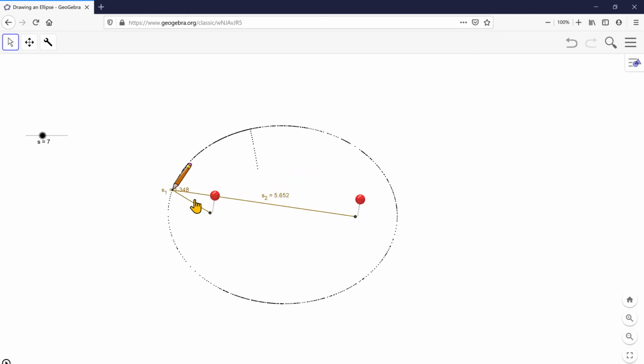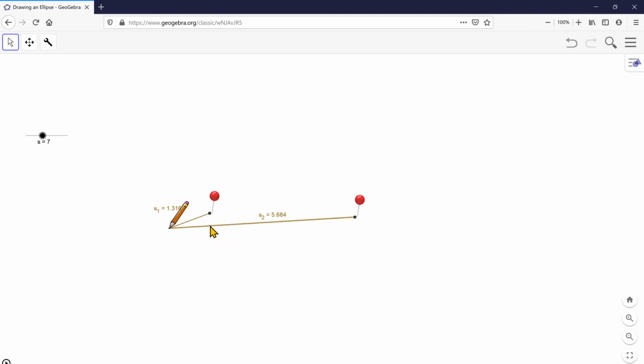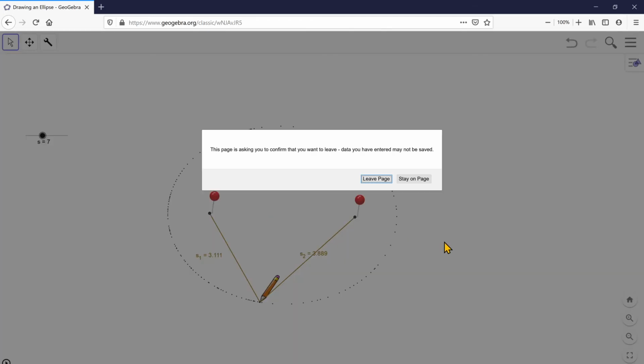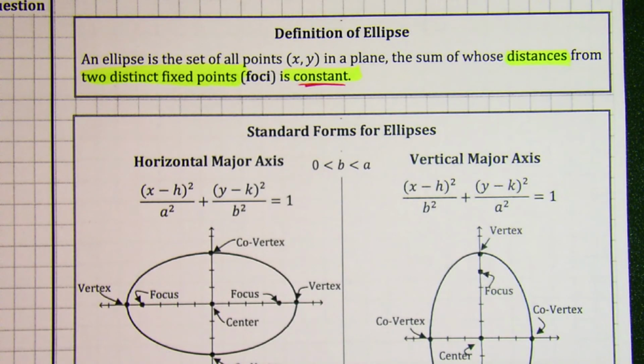If we come over here, this segment plus that segment will give me 7 units. And if I continue and get all those points, that is the definition that we have of the ellipse. So let's continue with the notes, the cutout.